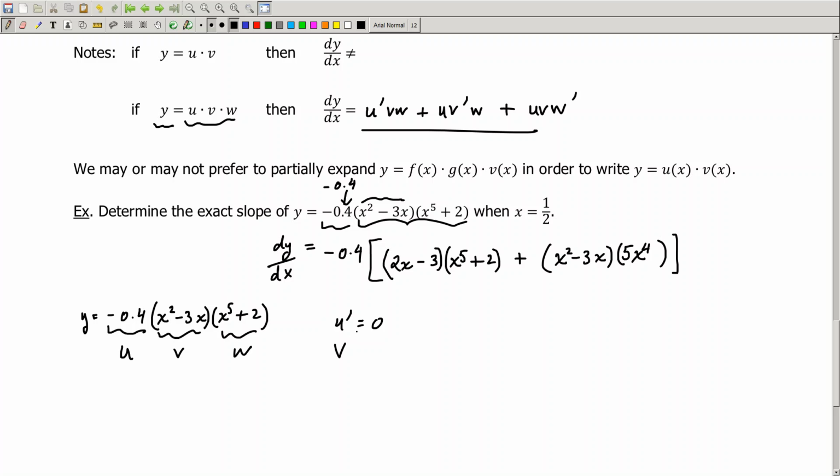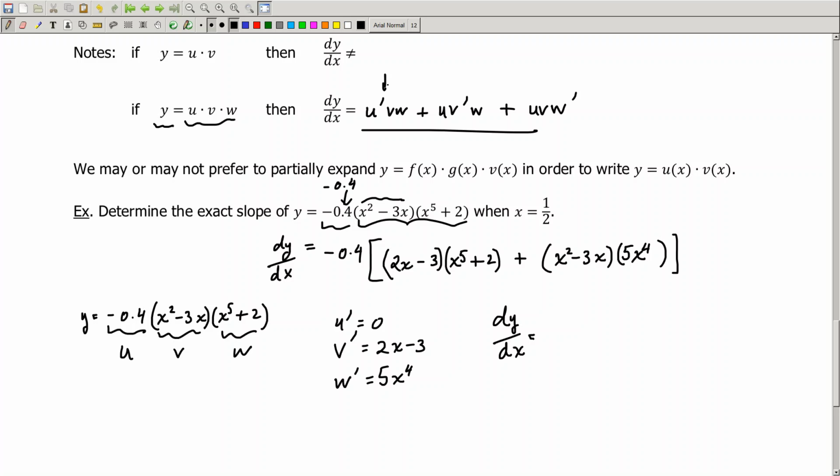What about v prime? That is 2x minus 3. And w prime is 5x to the 4. I've applied the power rule essentially. So all I have to do is apply the product rule and just multiply these things together.